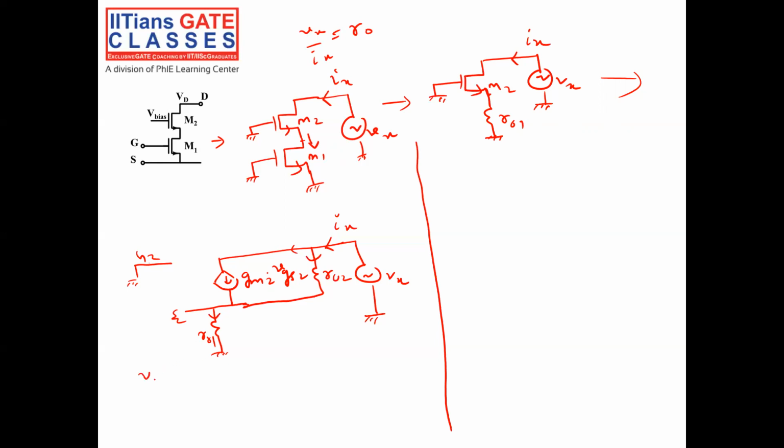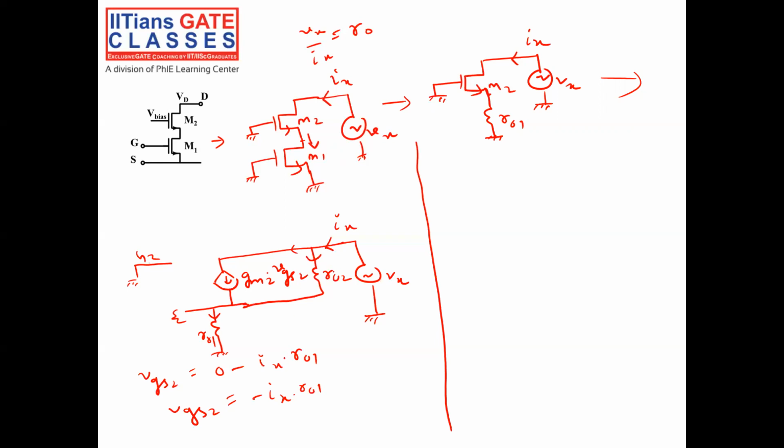So VGS2 is nothing but Vg2, which is 0, minus Vs2. Vs2 is nothing but current Ix into R01, right? So VGS2 is equal to minus Ix into R01, because the total current Ix will flow through R01, and so S2 will be Ix into R01.